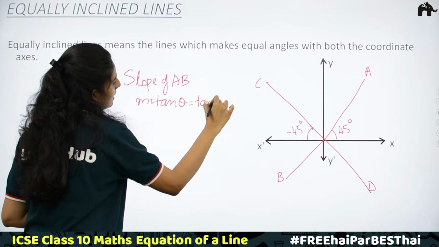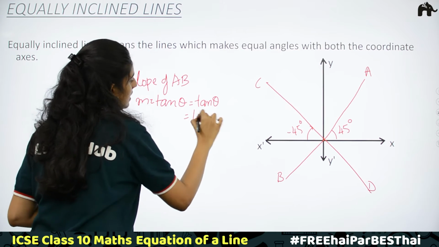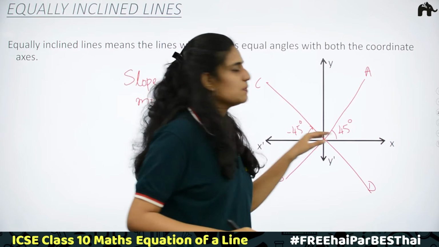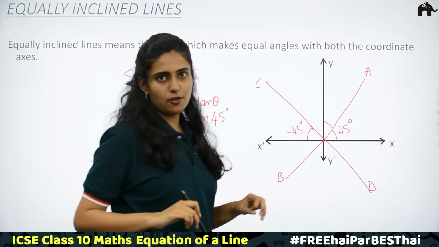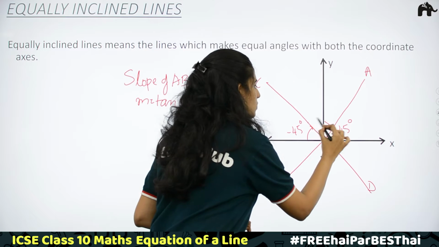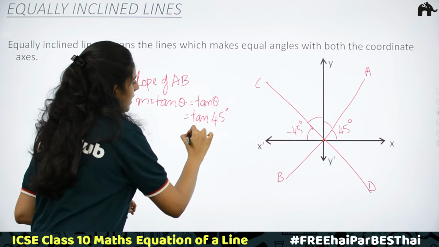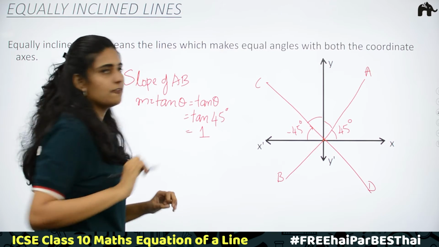Here, angle theta is equal to 45 degree. That is tan 45 degree. We know x-axis is perpendicular to y-axis. Then this angle also will be equal to 45 degree. Similarly, this one will be minus 45 degree. Tan 45 degree, what is the value of tan 45 degree? Tan 45 degree is 1.